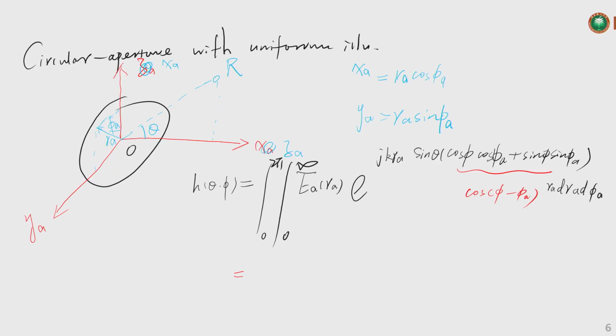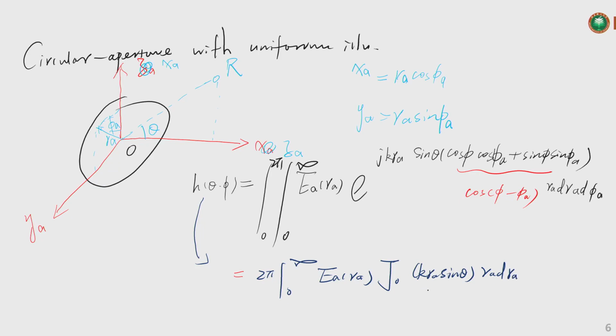So that means finally H only depends on theta instead of phi. And finally we can simplify it to be pi times the integral from 0 to infinity of RA times J0 of k RA sin theta, dRA.